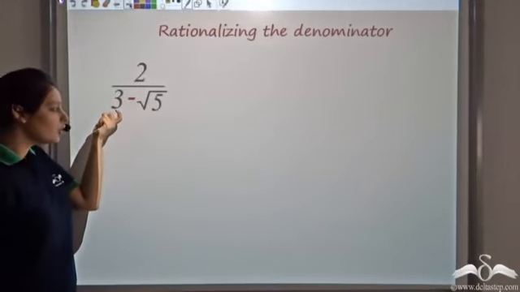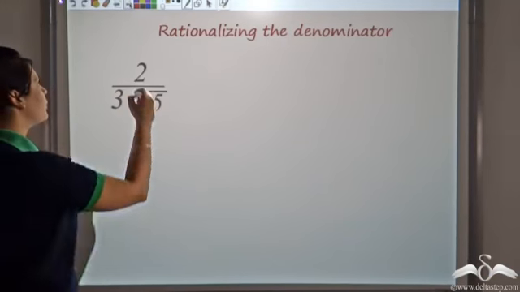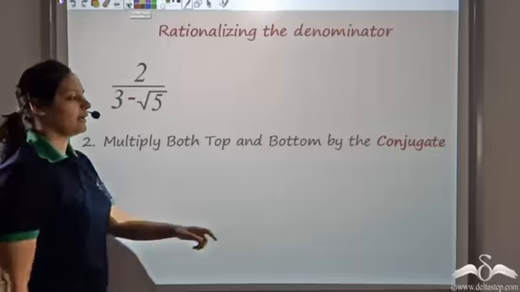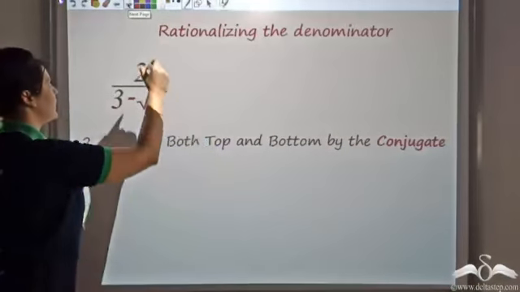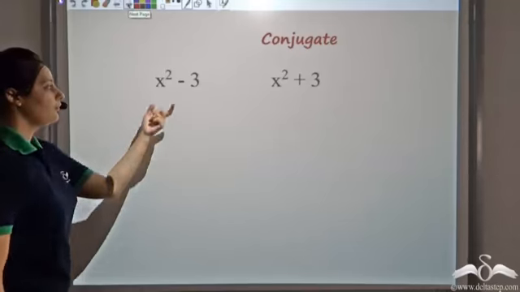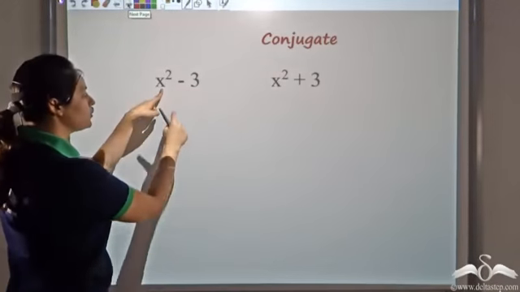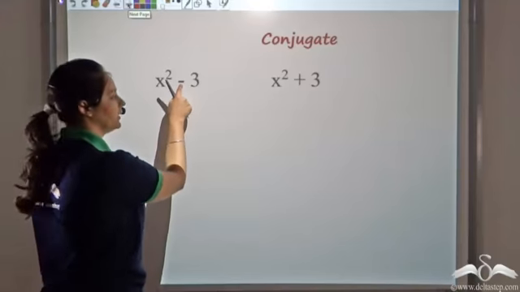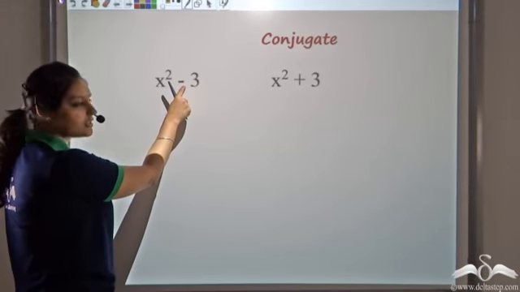When you have two terms, what we do is we multiply both top and bottom by the conjugate. Now what does conjugate mean? Let's look at this. When you have two terms, the conjugate refers to you change the sign in the middle. So this is two terms and the sign in the middle is a subtraction sign.